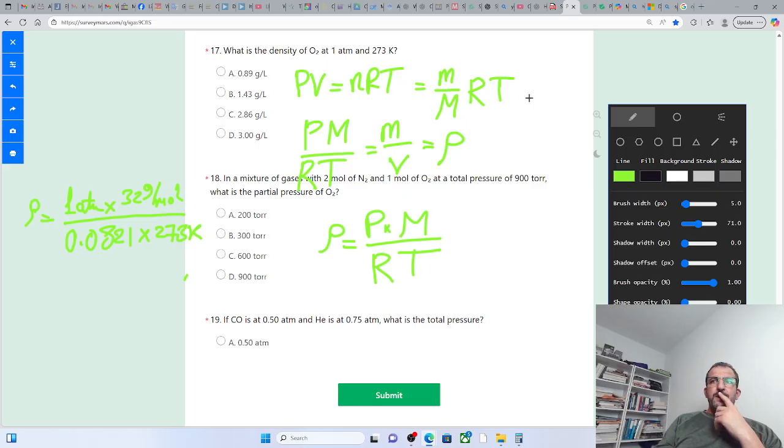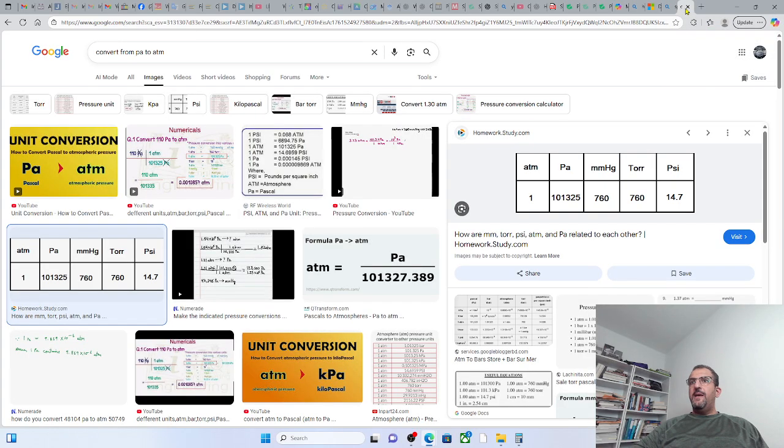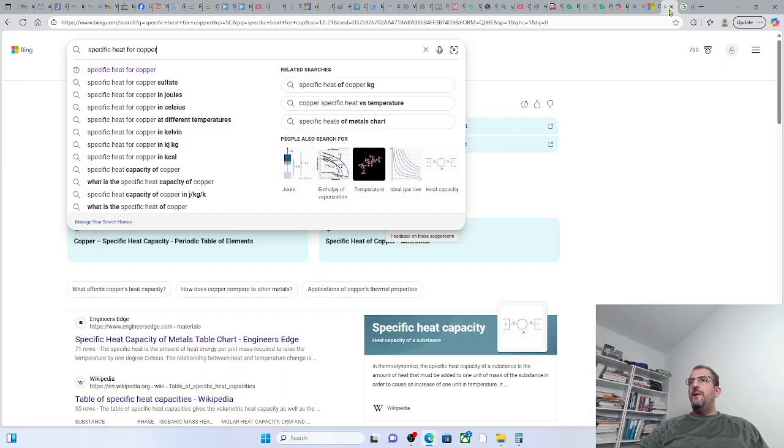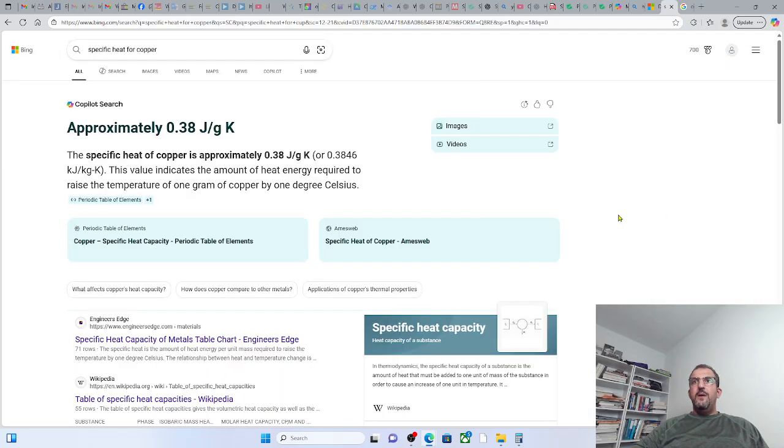I think we need to double check the units of the gas constant again. Yes, this is not the gas constant.